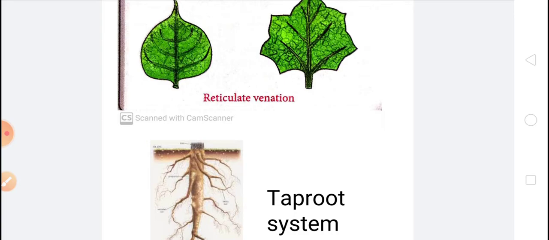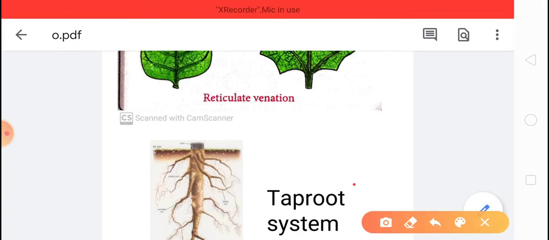Children, the plants, those who have taproot system in them, such plants have reticulate venation in their leaves.